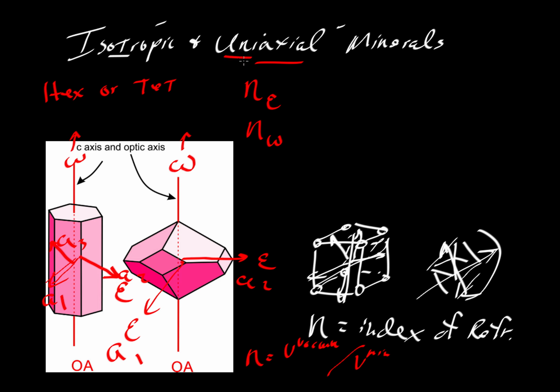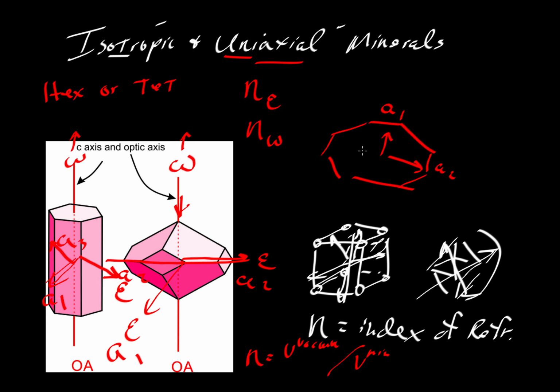So that's what's going on in uniaxial minerals. We call them uniaxial because they have a single optic axis. And that optic axis is a case that when you look down in this direction, all you see are the A values, and so everything is the same. If you cut the mineral like this, and so you look at it in cross-section, then everything you would see would be vibrating in, let's say, the A1 or A2 directions.